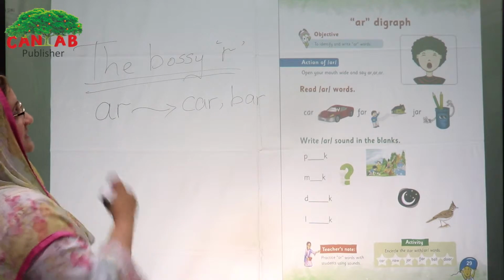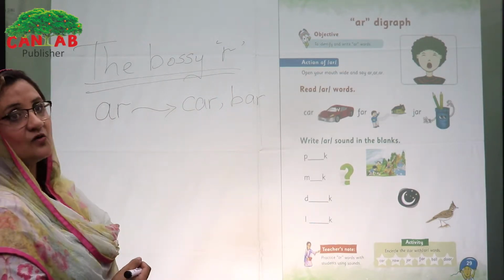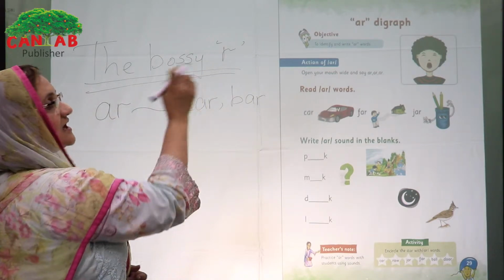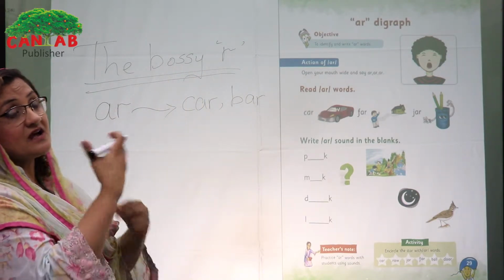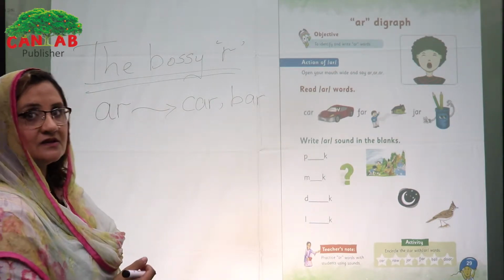When a vowel is with the letter R, when a vowel is with the bossy R, letter R turns around and it changes vowel sound.